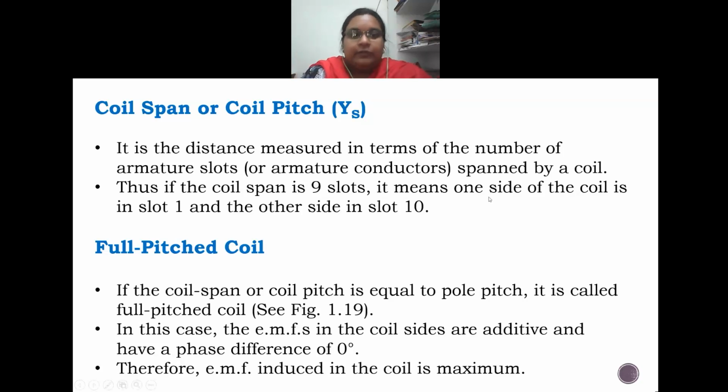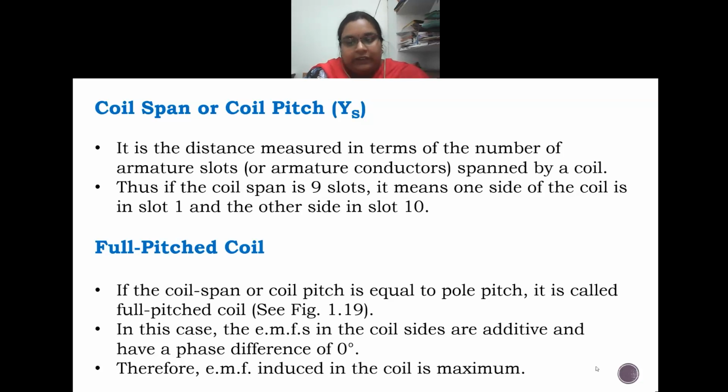Okay. So while starting, the first definition which we are going to see is coil span or coil pitch, which is represented by YS. It is the distance measured in terms of number of armature slots or number of armature conductors spanned by a coil.